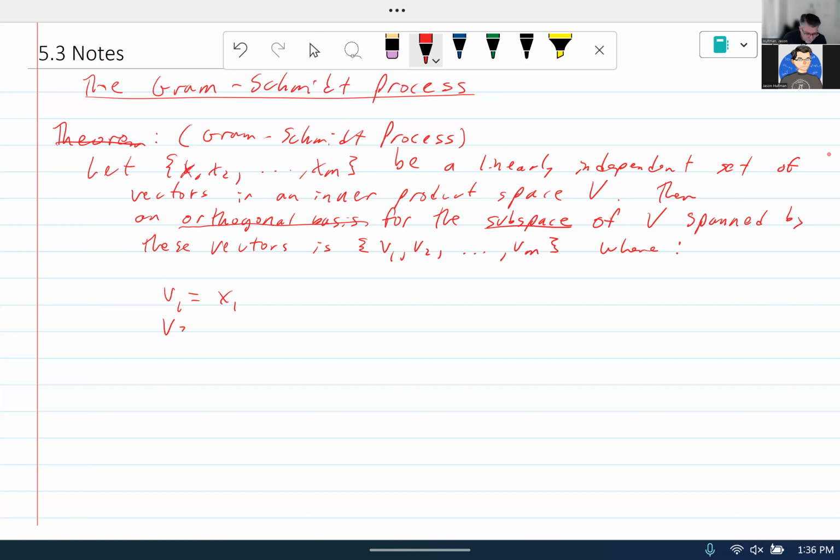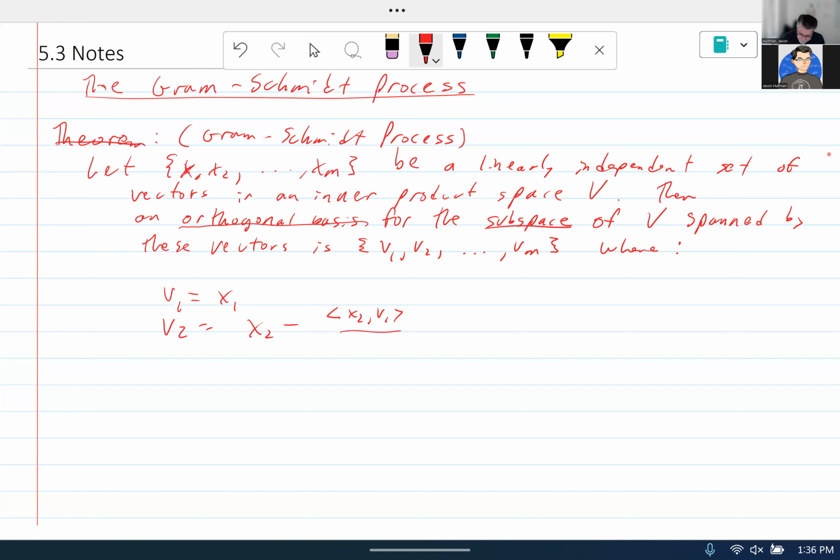And then v2 is going to be equal to x2 minus the inner product of x2 with v1, which is x1. But you'll see in a second why I don't put x1, I just put v1.